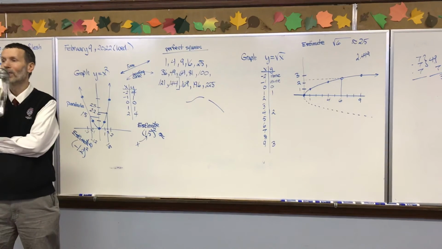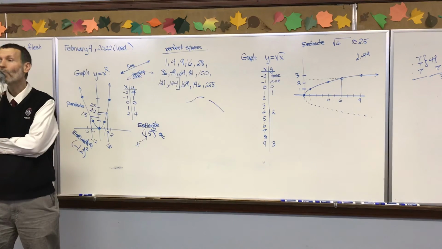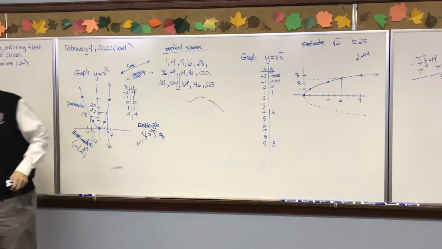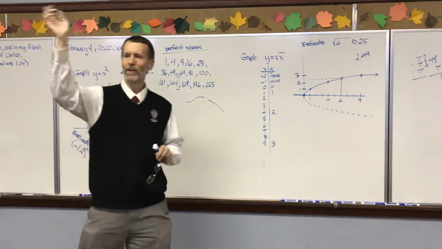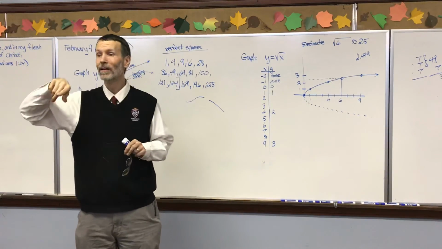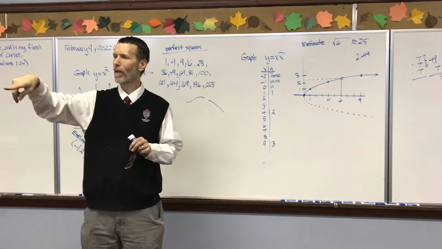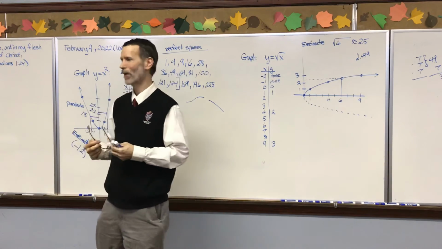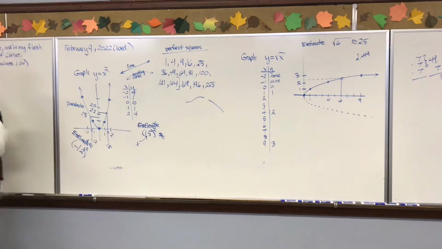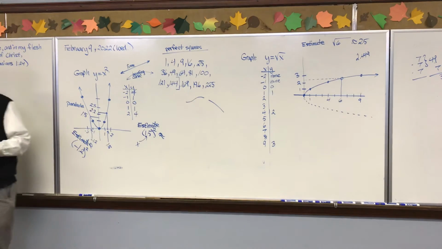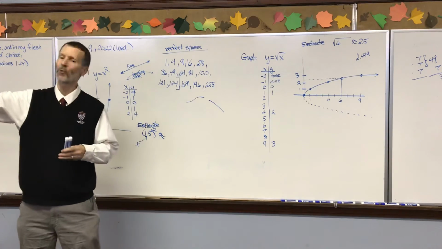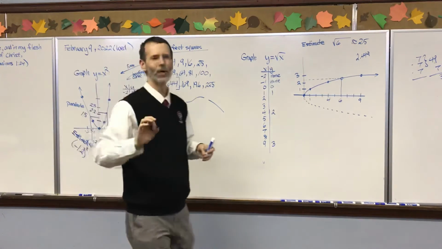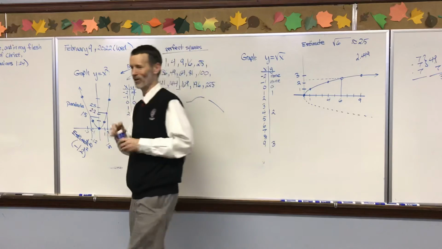What kind of numbers do you plug in? What kind of square roots are nice, are rational? You take the square root of a what? A special kind of number. Perfect square. If you take the square root of a perfect square, it's rational.